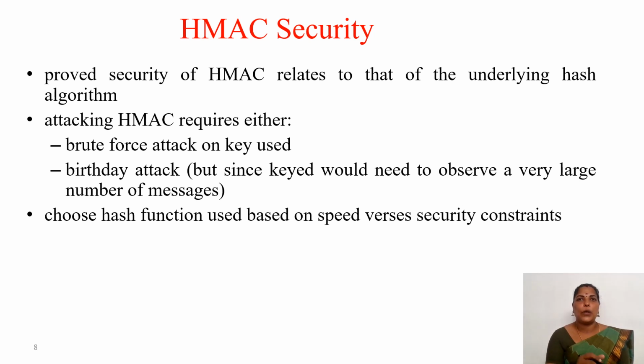Then we can choose any hash function with this message authentication code. But HMAC is also vulnerable to some attacks with respect to the key or the hash function used.